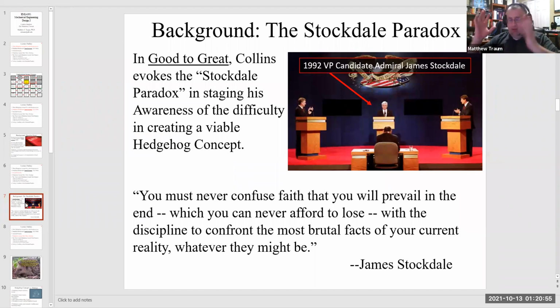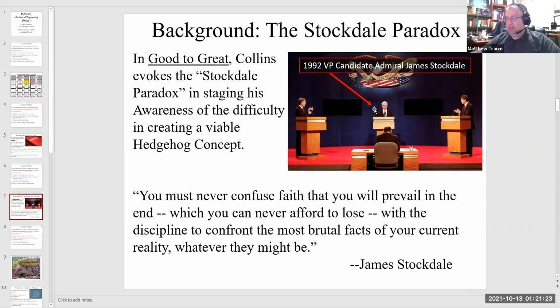So you might at least know that name from study of late 20th century American history. But we see here the 1992 vice presidential candidate debate, and James Stockdale and Ross Perot had acquired enough of a following, enough signatures in various states, that they were true contenders, a true third-party contender for the presidency.